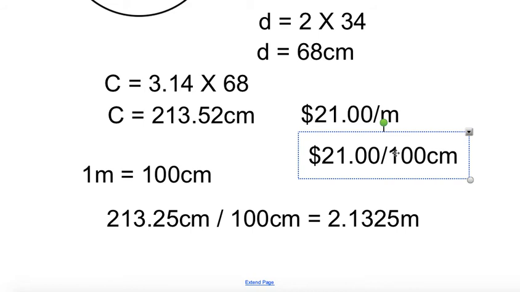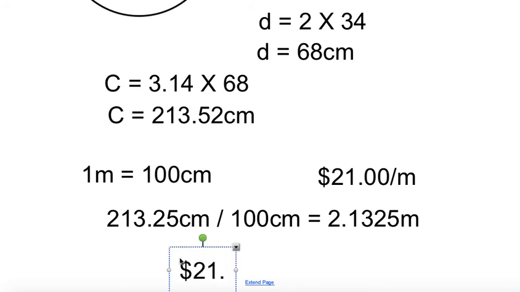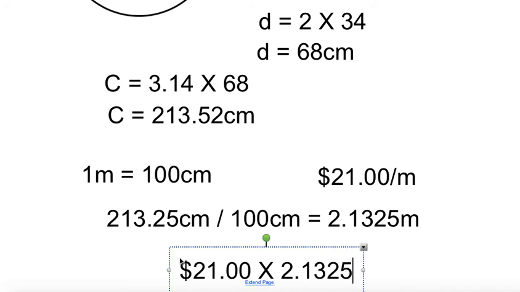Okay, so I'm just going to get rid of that for a second. I know that the barrel cost is $21 per meter, so if I only need 1 meter, that would be 21. If it was 2 meters, that'd be double, 42. But I'm going to need to calculate this, so it's $21 times 2.1325 meters.